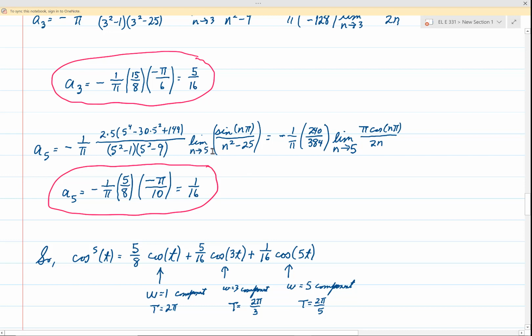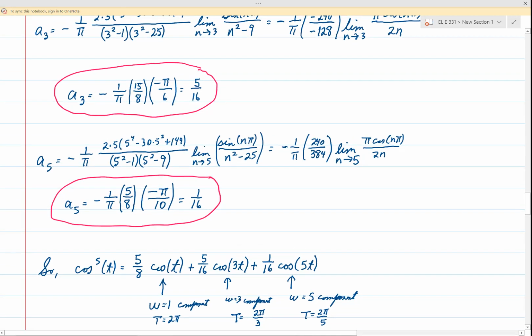And then the limit will be taken as n goes to 5, and all the rest of the expression will stay over here. And when we do that, this time we will get this, and take the limit as n goes to 5, and when we turn the crank on all of that, we get 1/16.